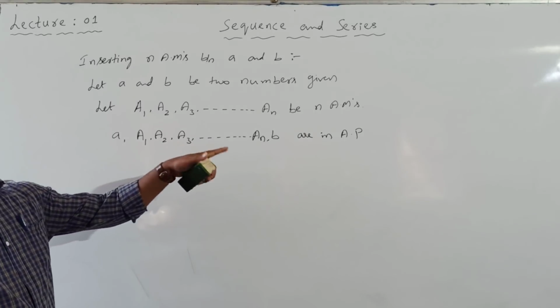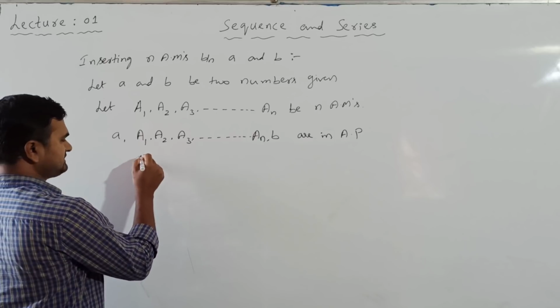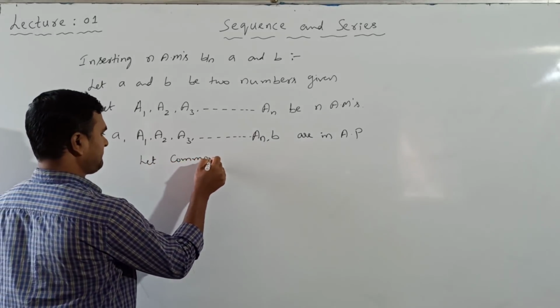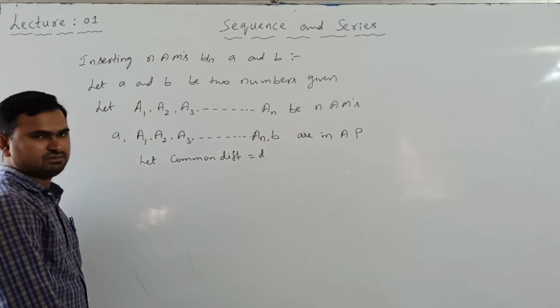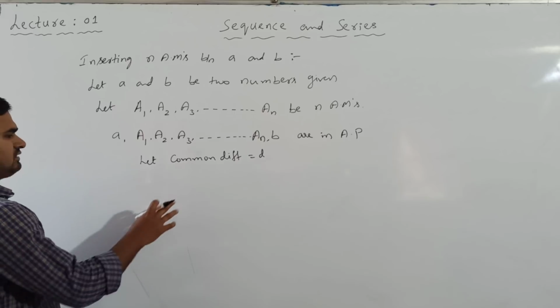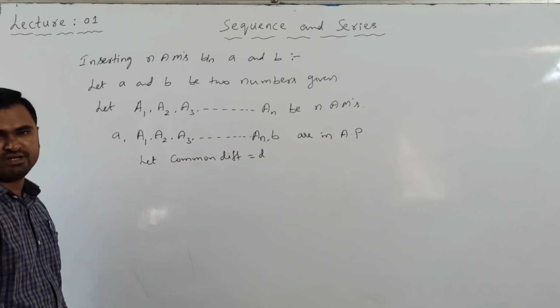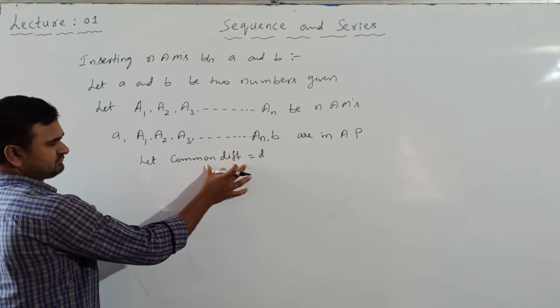Now we have to take the common difference. Let the common difference be d. If we can find this d value, then we can find all these terms A1, A2, A3 up to An. How to find d here?